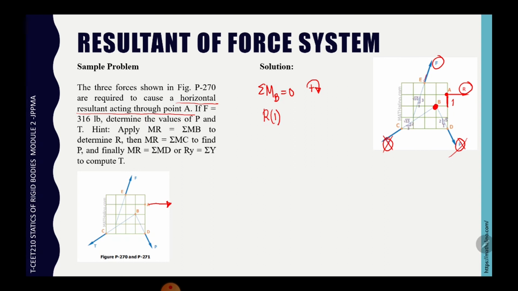Tapos ito ay meron din dito sa Fy. Meron tayong tinatawag na Fy at saka si Fx. So, si Fx merong distance na 2. So, si plus, kasi clockwise din siya, Fx times 2.